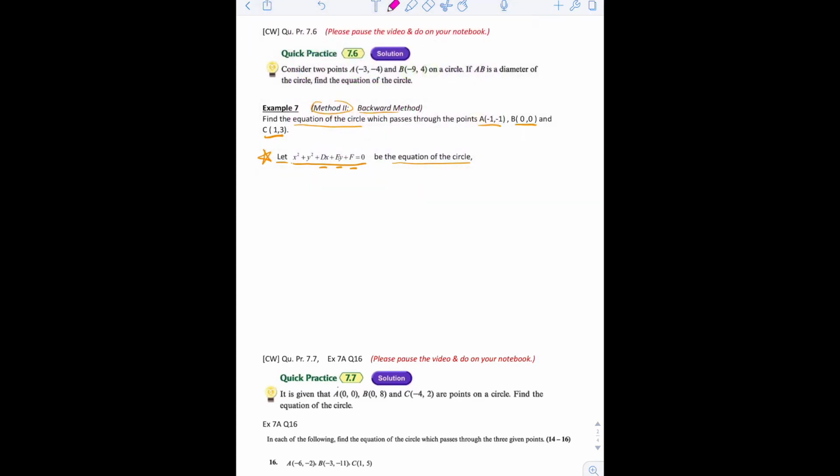Here, because A, B, and C lie on the circumference of the circle, all three points satisfy the equation. So we can substitute B (0, 0), A (-1, -1), and also C (1, 3) into the equation of the circle in general form.